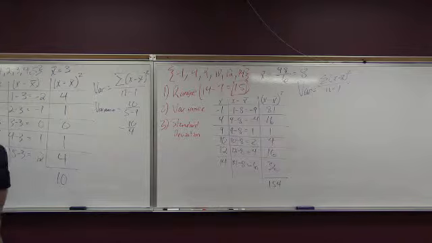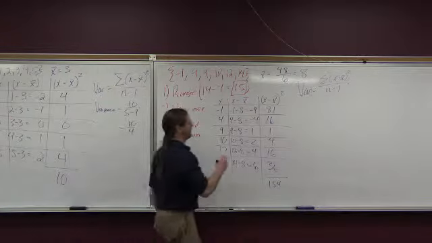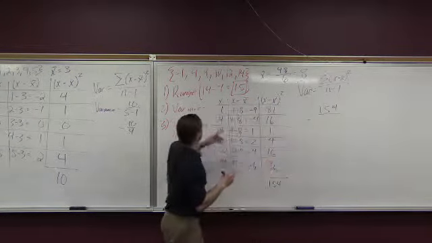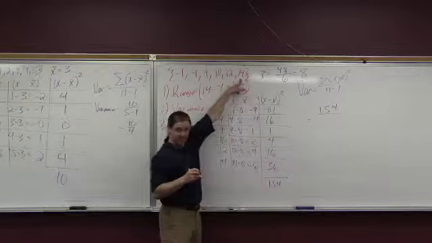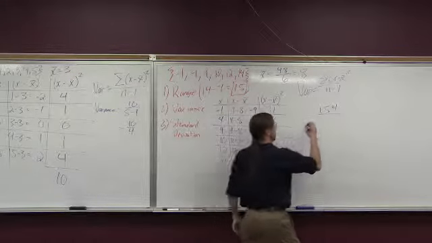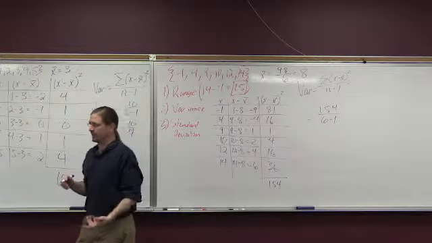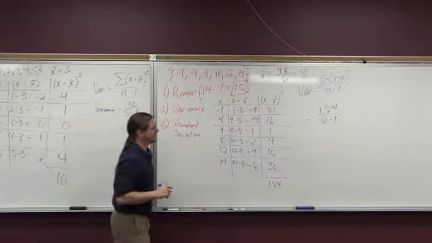Looks right, right? Everybody get 154? So 154. Again, there are 6 numbers up here. Divide by 6 minus 1. You guys can do 6 minus 1 in your head. That's 5.